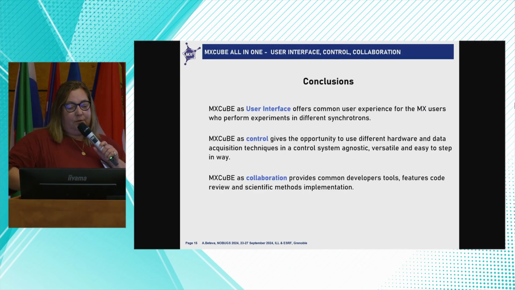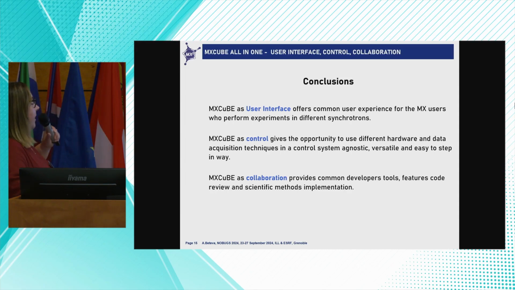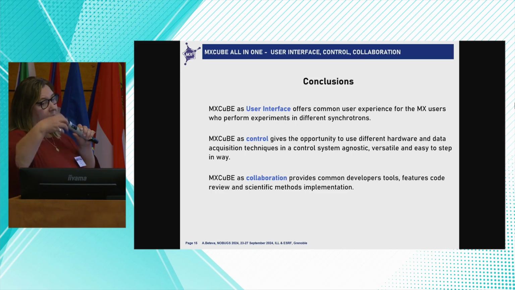And just to conclude, it's a user interface, so the users are happy to have just one interface all over the place. It's a control which is system agnostic, so you can plug in a lot of different control systems.